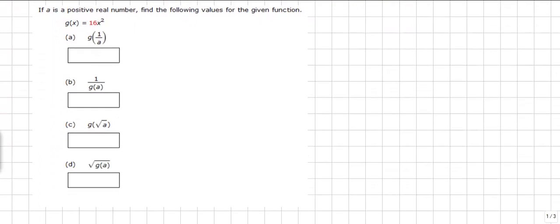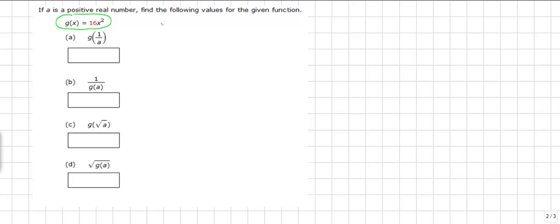For our second example, it says if a is a positive real number, find the following values for the given function. So our function is g of x equals 16 times x squared, and we wish to evaluate g of 1 over a.